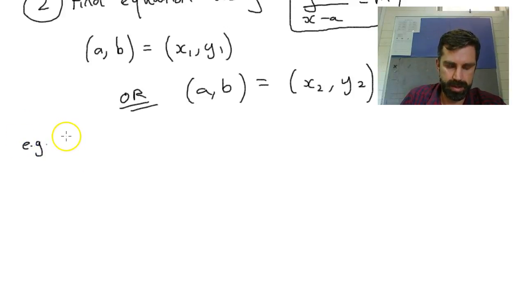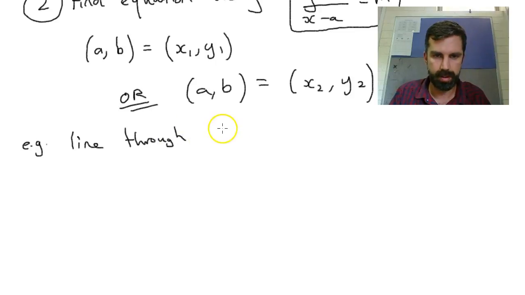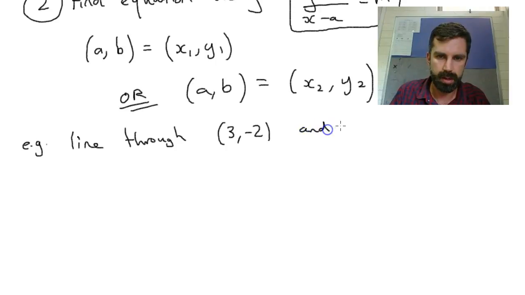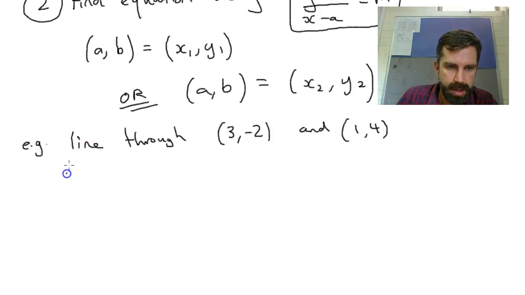So what I'll do is I'll do a little example of that. Let's say we've got a line through 3, -2, and 1, 4. Okay, so what we're going to do, I'll do this in a different color.